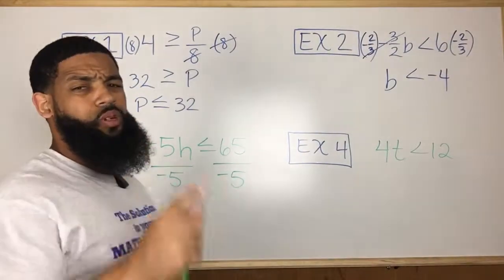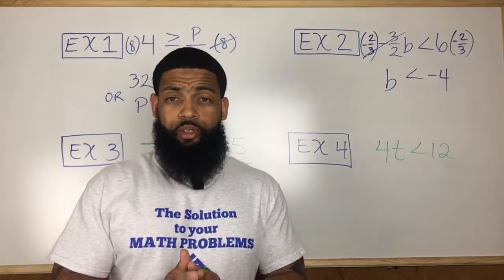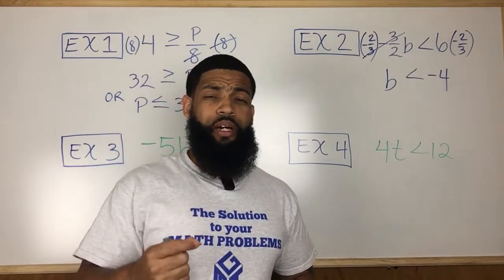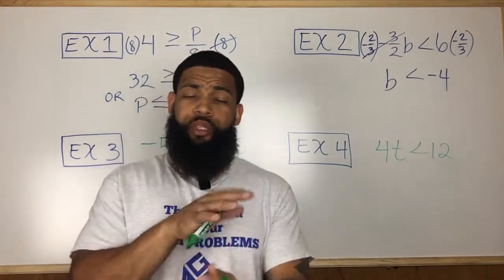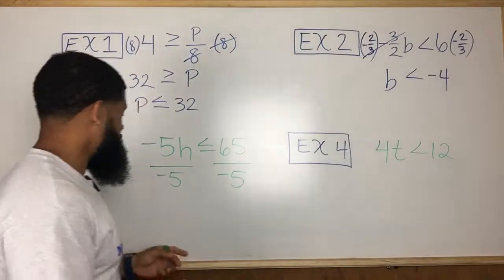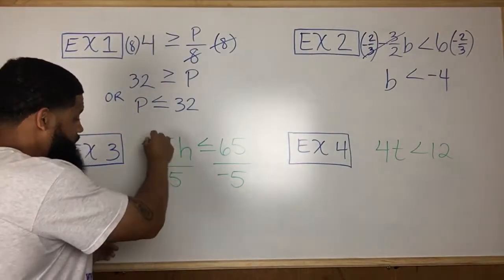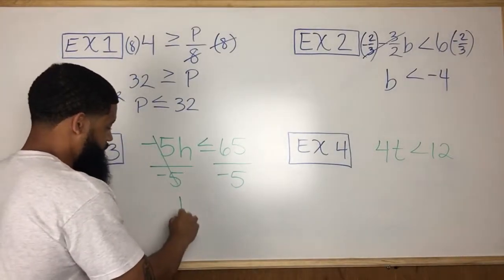Now, there is one thing slightly different when solving inequalities compared to solving equations, and that is anytime you multiply or divide by a negative value, you must flip the inequality symbol. So in this example, since I'm dividing by negative 5, this negative 5 divided by negative 5 is equal to 1, which leaves me with just h.